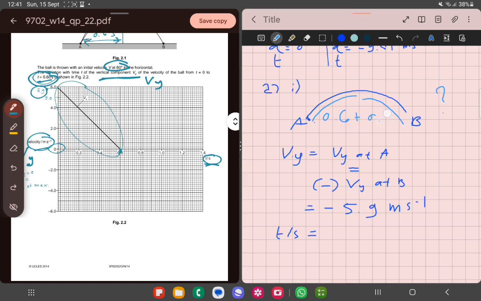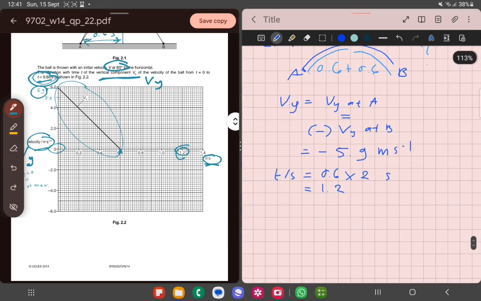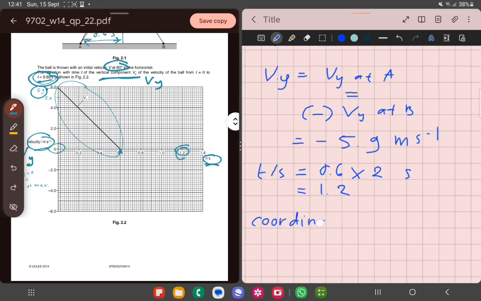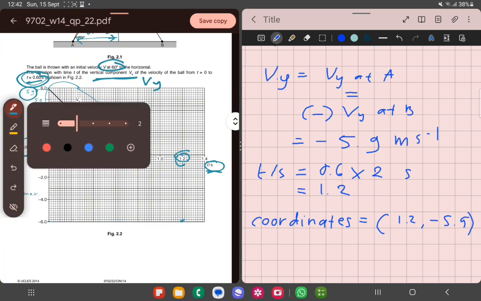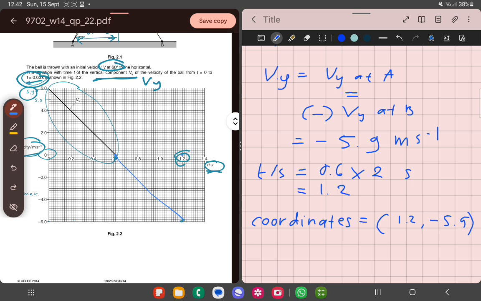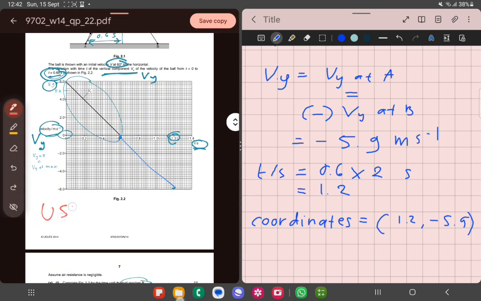Here we are given that half of the projectile motion is 0.6. That means for the whole motion, it is 0.6 times 2 equals 1.2. So we have the coordinates here, which is (1.2, -5.9). So we can just look for the point there. Yep, over there. And then we can draw a straight line, continuing from the line provided. And lastly, you need to use the ruler, or you won't get the mark.